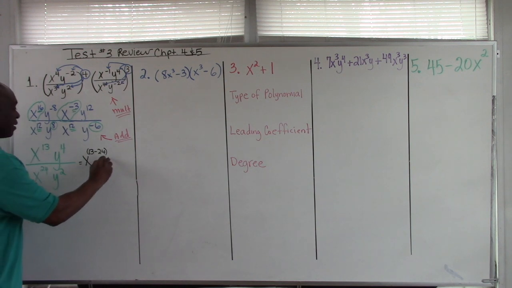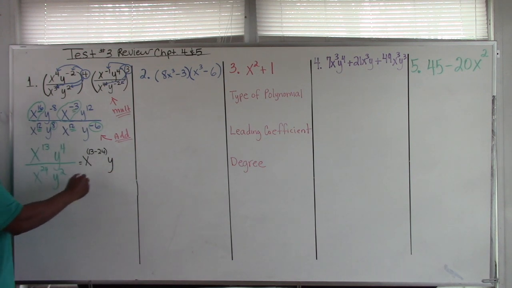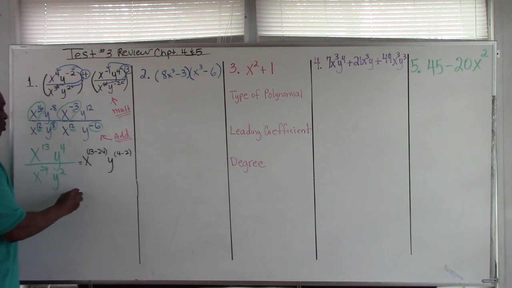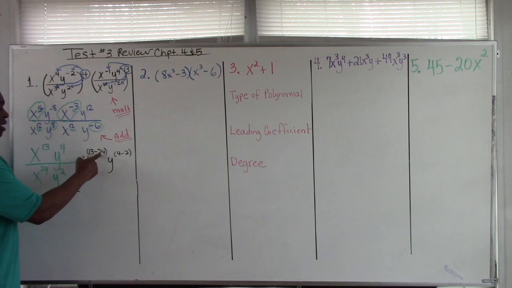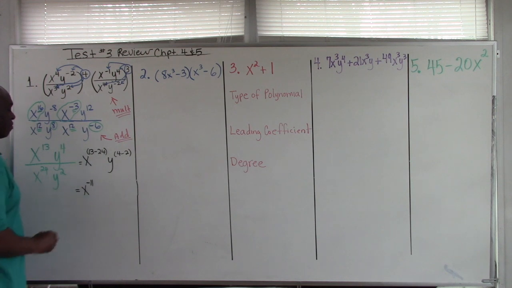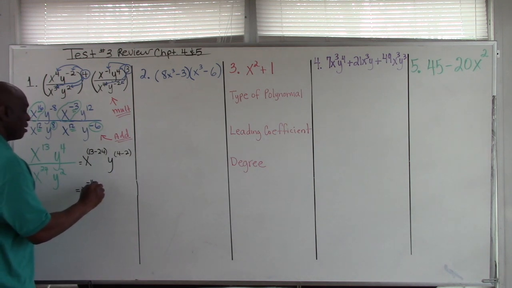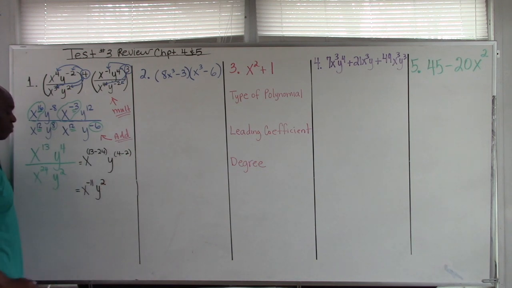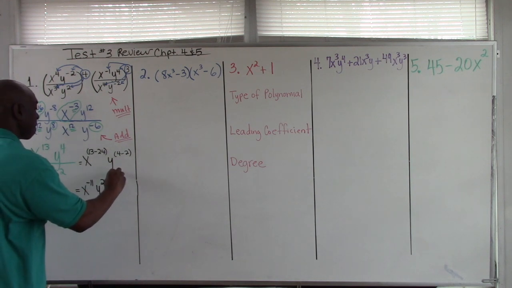And then y to the power of 4 minus 2. And that's going to equal x to the negative 11, because 13 minus 24 is negative 11. And this is going to give me y to the power of 2, because 4 minus 2 is 2. Alright, so right here we subtracted.